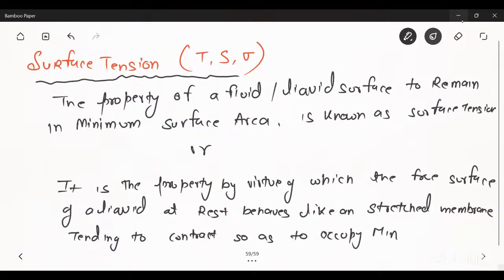Okay, so that was the definition of surface tension.